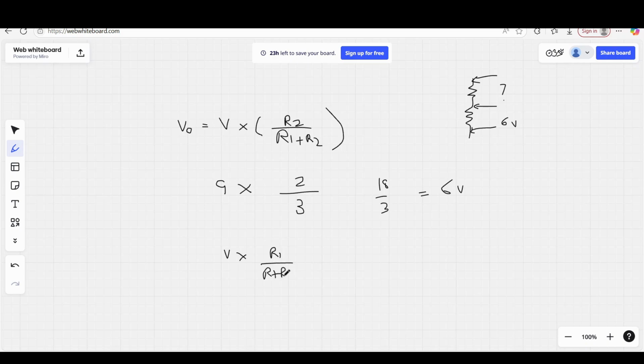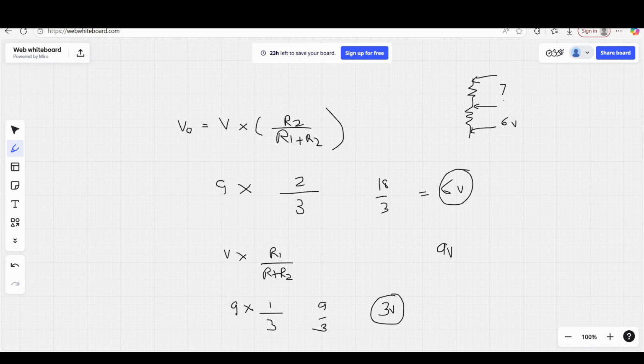So this is going to be 9 multiplied by R1, which is 1 kilo ohm, divided by 3. Okay, so this is 9 upon 3, which is 3 volts. You will also find that the total of the voltages across all the divided resistances is going to be 9 volts. So 6 volts plus 3 volts is 9 volts, which is the source voltage.